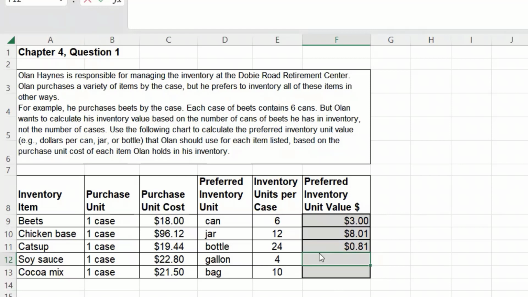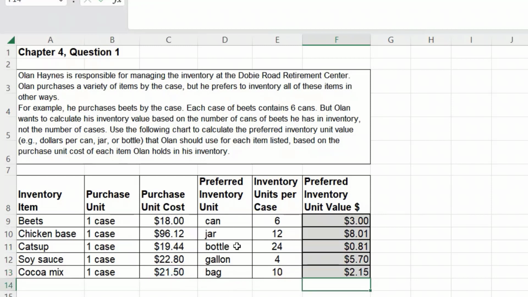All right, soy sauce. He buys the case, 4 gallons in that case. Let's get that cell correct, E12. And cocoa mix. He gets 1 case, and there's 10 bags in there.